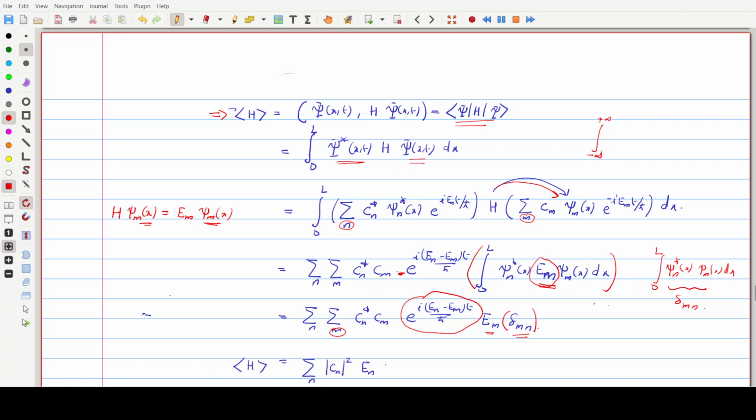Now it is time to interpret what mod Cn square is. So recall, if you have some distribution of some data, for example, the marks of students in the classroom, how will you find the average? So usually the average value of the marks, average marks, okay, maybe M marks.